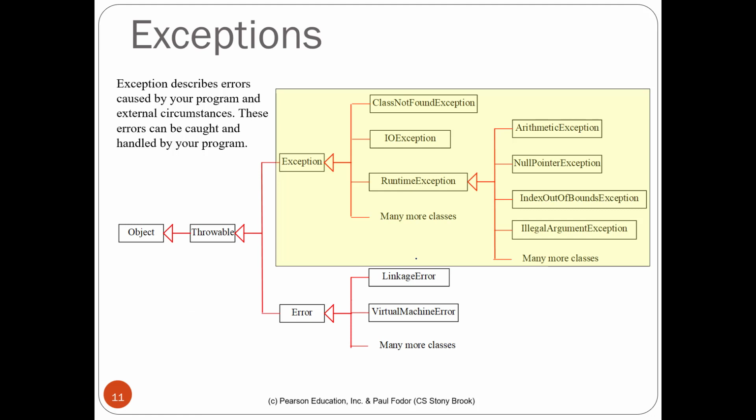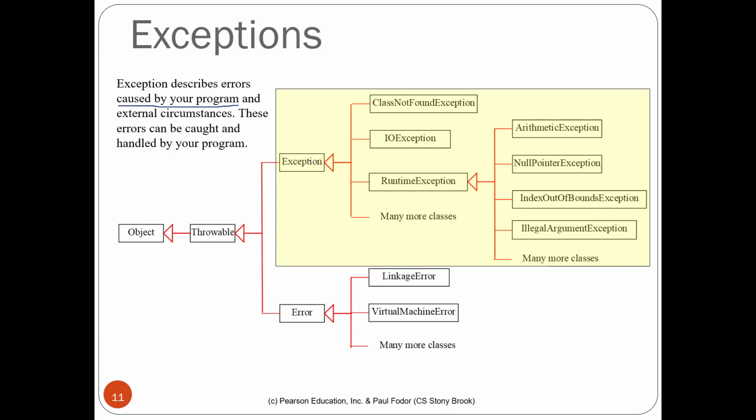So we should be more concerned about exceptions because these are the runtime errors caused by the program or the programmer and some external circumstances, not like the internal errors as we have in Error. These errors can be caught and handled by our program. So we should be more concerned about the Exception class of the Throwable.